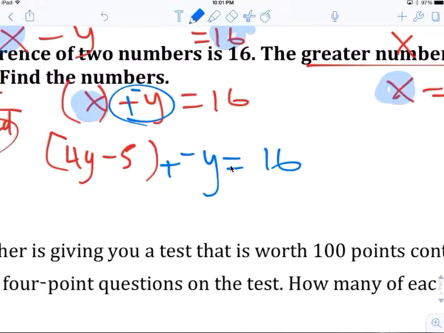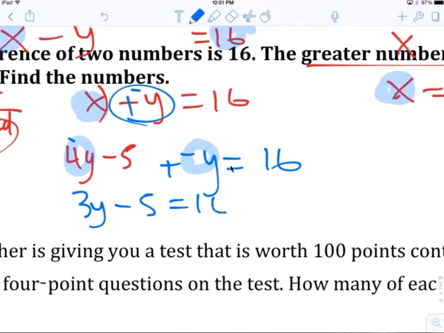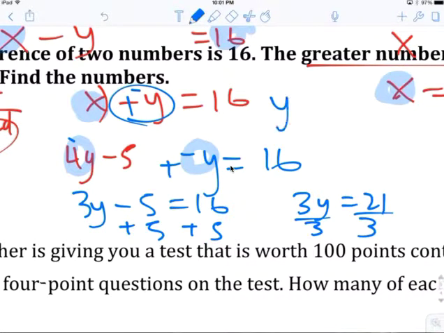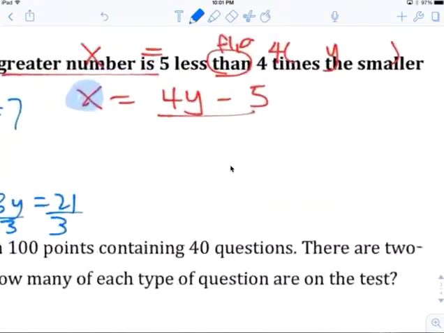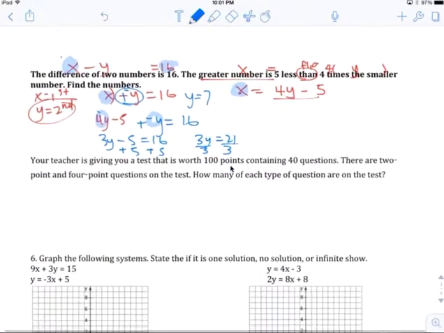If it's a 1, nothing changes, so might as well pretend the parentheses don't exist. Combine these two together right here, you get 3y minus 5 equals 16. Add 5, 3y equals 21, divided by 3, y is 7. Okay?